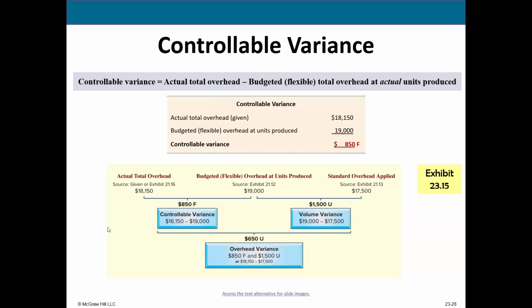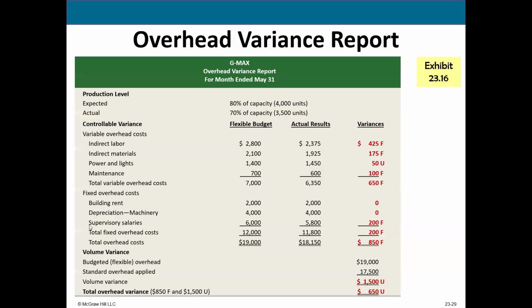And once we've found all our different variances for overhead, we can create the overhead variance report, which specifies the comparison between our controllable expenses and our volume variances, comparing the flexible budget to the actual results, and it helps us to align all the different variances.